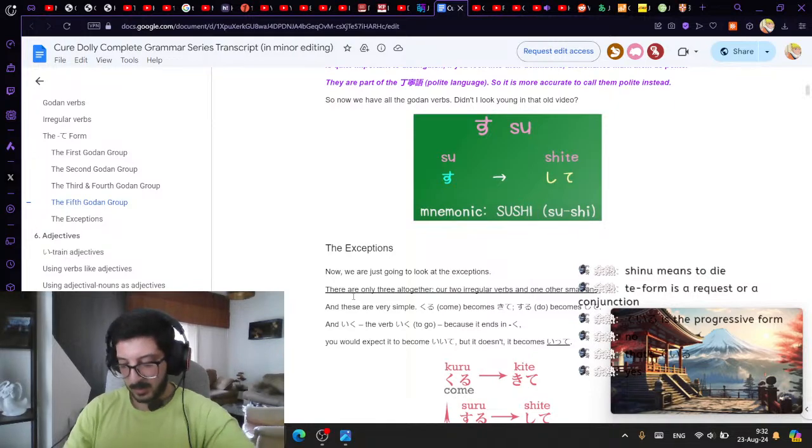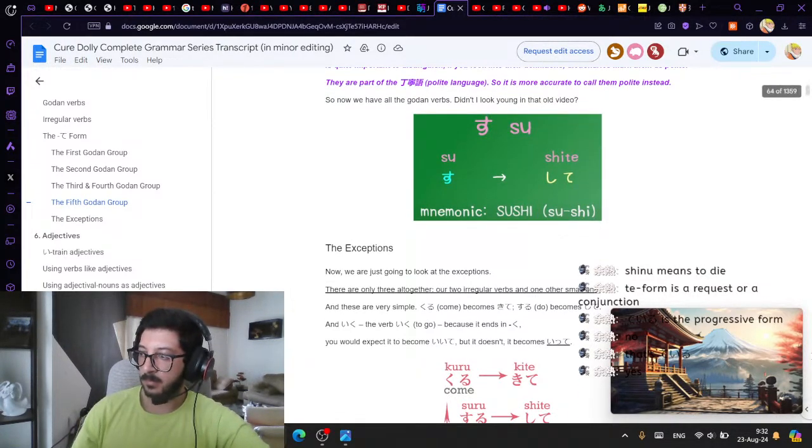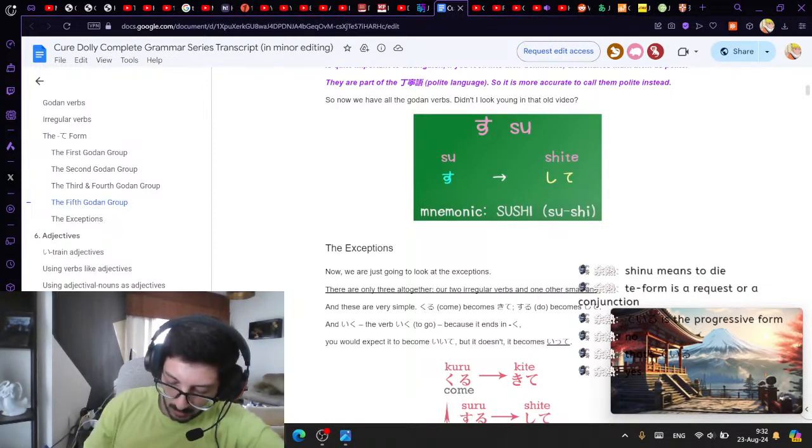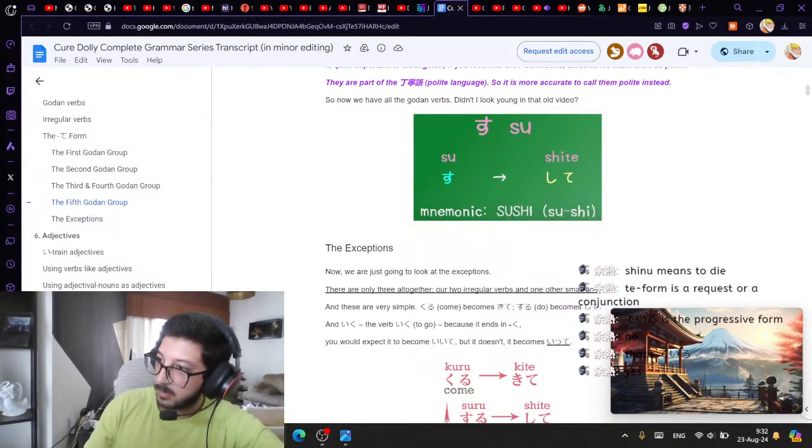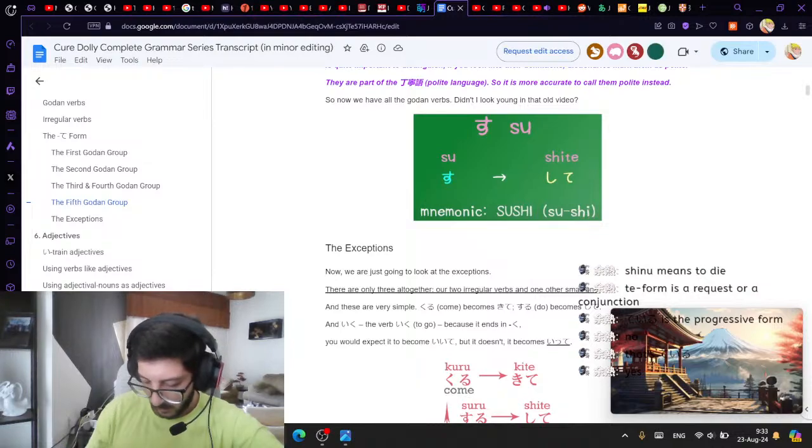Okay, let's write that down so we don't forget. The te form is a request. The iru is present continuous.